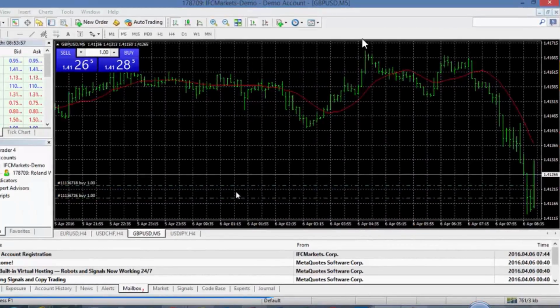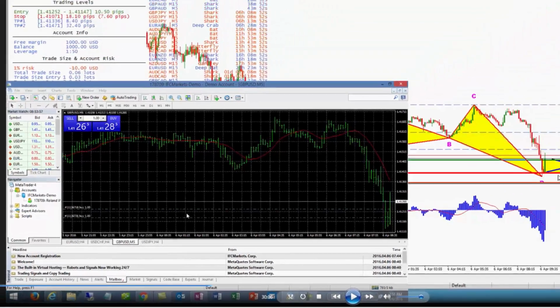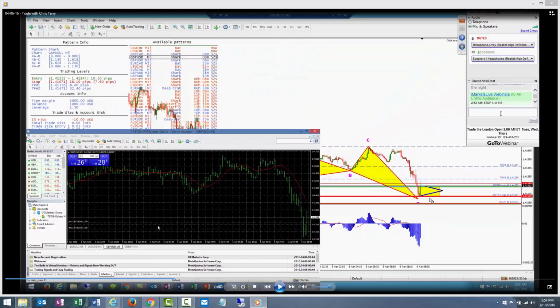This screen here is from my other laptop where I actually took the trade. I have another smaller laptop with a smaller screen, and you can see this is MetaTrader 4 in its basic stock, the way it comes. Nothing like the configuration that they have here, but it's the same software.